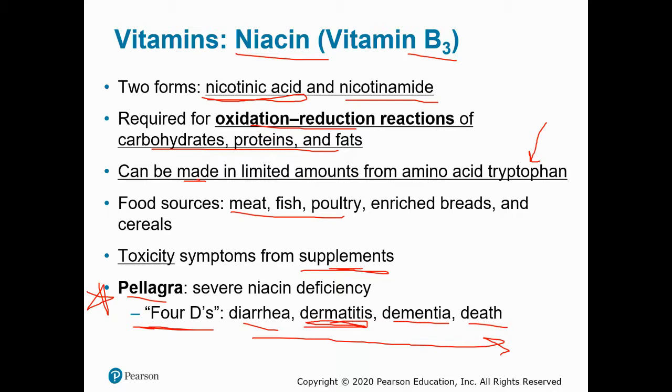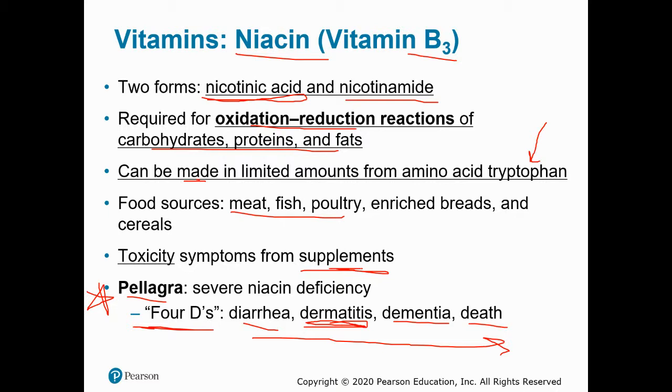So for example, if somebody takes too much niacin in supplement form, they might have a redness or a flushing of the skin for a couple of hours until their body can quite literally flush out and pee out in the urine the excess niacin.